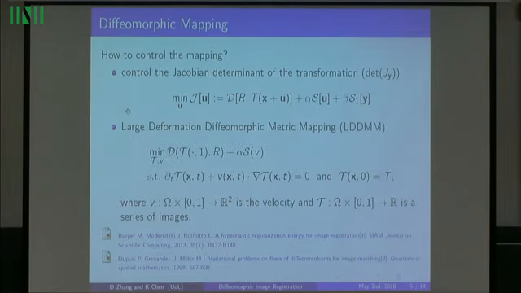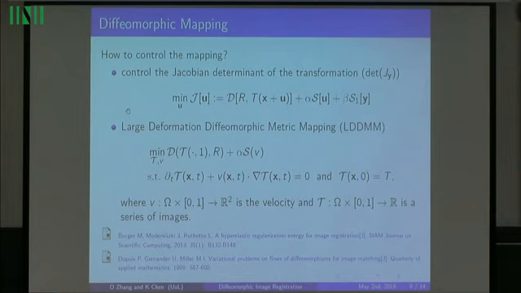However, not all models can produce a diffeomorphic transformation. In order to overcome this difficulty, we can control the Jacobian determinant of the transformation, because according to the inverse function theorem, a Jacobian determinant larger than 0 guarantees local bijectivity. So we can add this constraint to the above-mentioned framework to get this new framework.